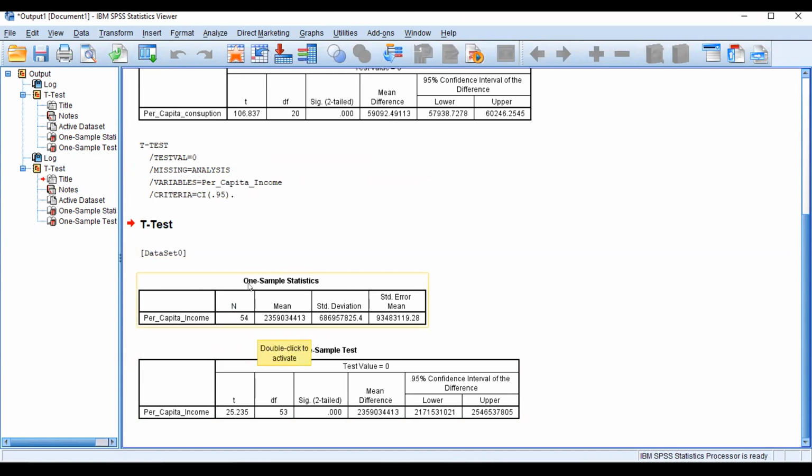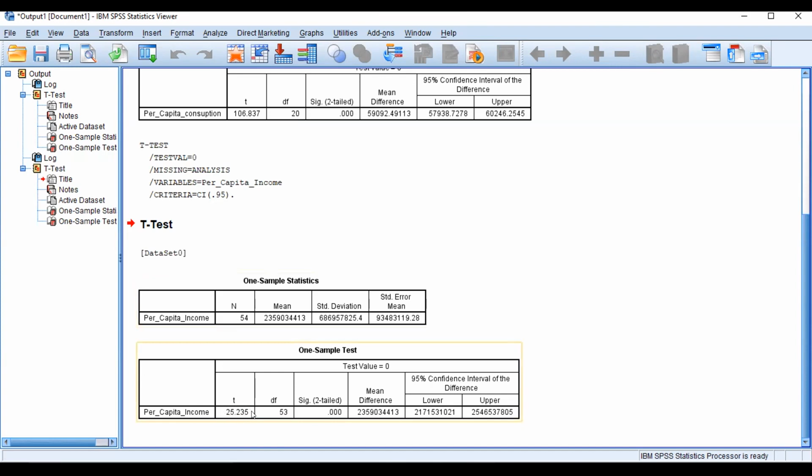In SPSS, it is automatically extended to the z-test without any kind of notification. So in the table, you will get only a t value, not a z value. But on a theoretical ground, this value is known as the z value.